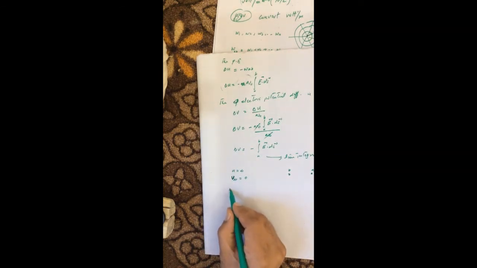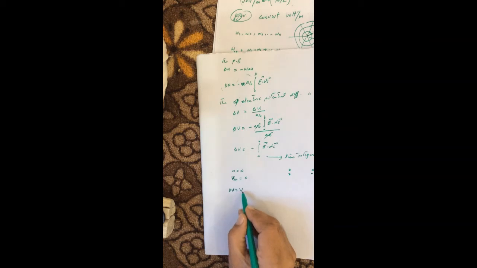So if this is the case, then delta V, for an ordinary point P, is Vp minus V infinity. Like I am bringing the charge from infinity to point P. Here the potential is V infinity, which is equal to 0, and here the potential is Vp.